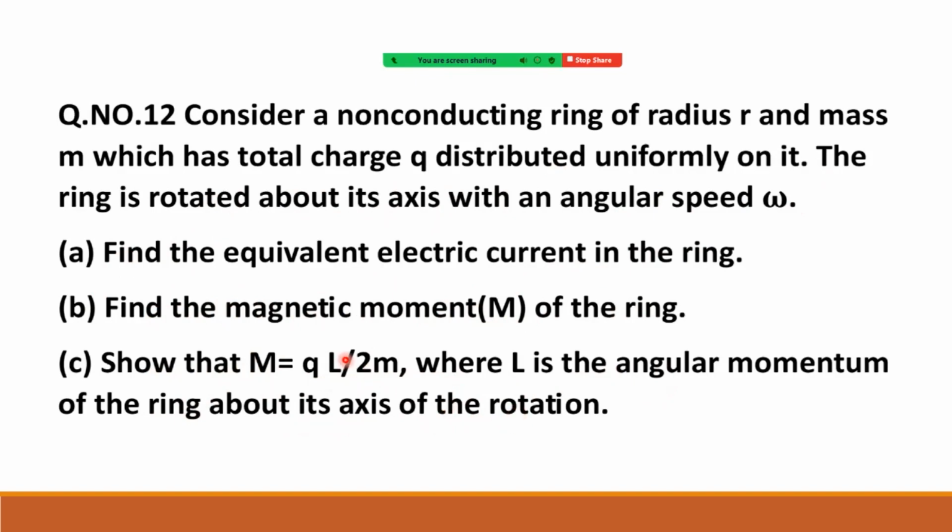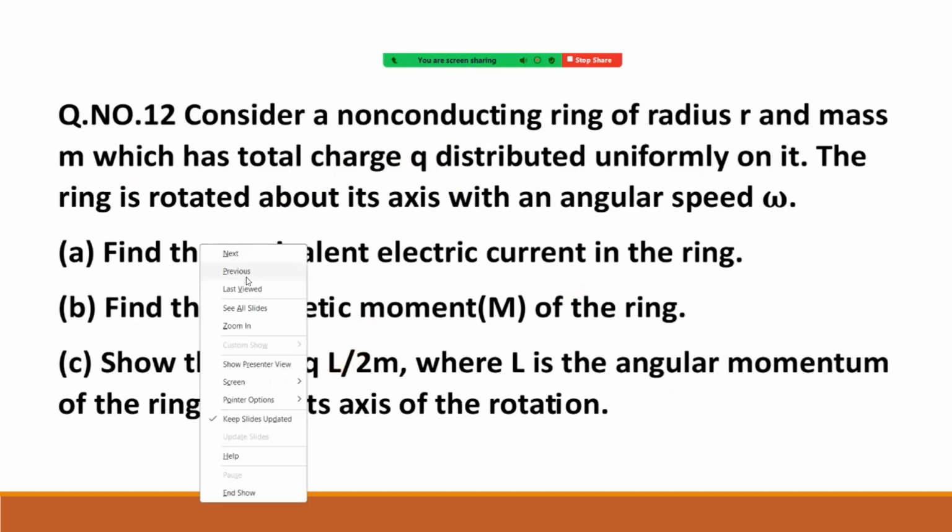So this question is taken from H.C. Verma. Let us see: given a non-conducting ring, radius is r, mass is m, charge is q, total charge, and the distribution is uniform. We are calculating the electric current, magnetic moment, and angular momentum.